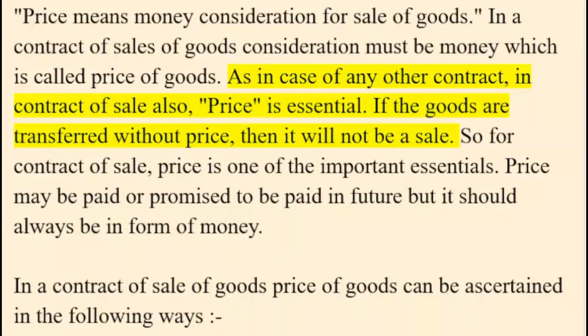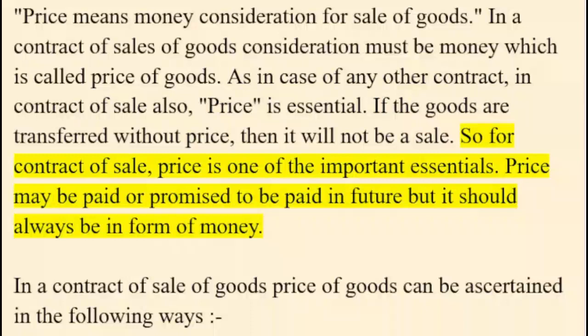If the goods are transferred without price, then it will not be a sale. So for contract of sale, price is one of the important essentials. Price may be paid or promised to be paid in future, but it should always be in form of money.